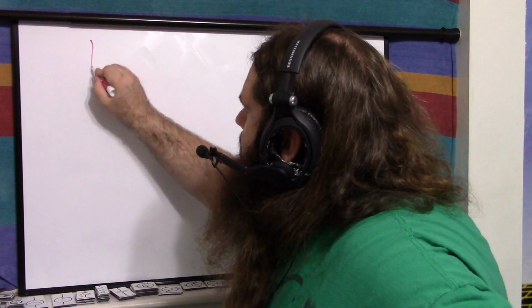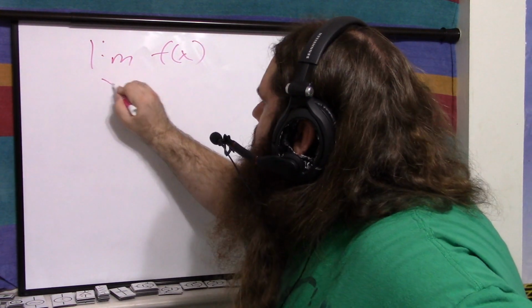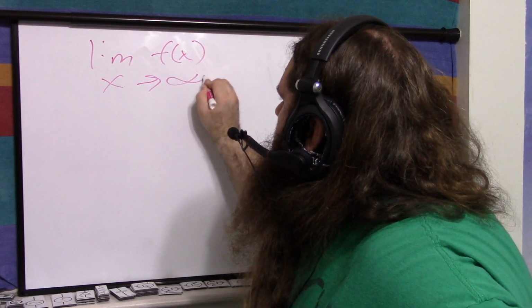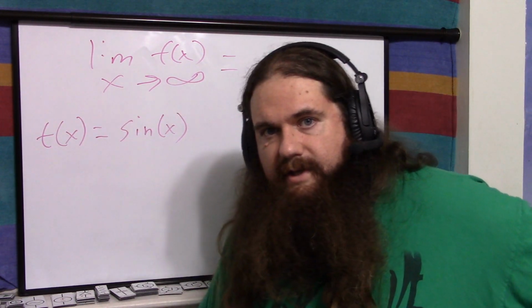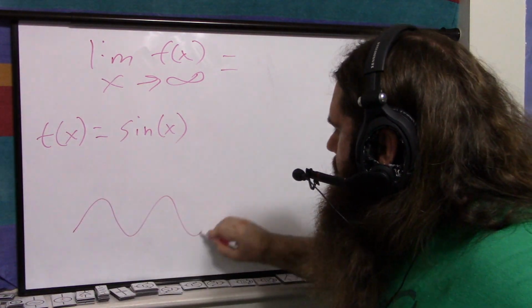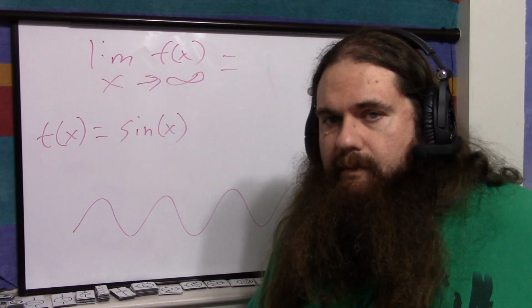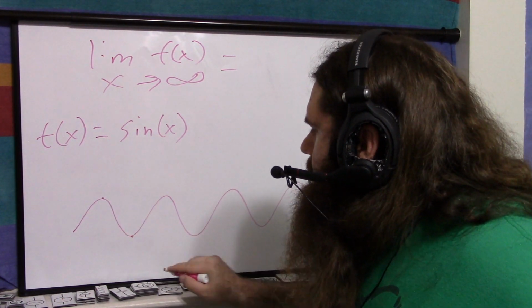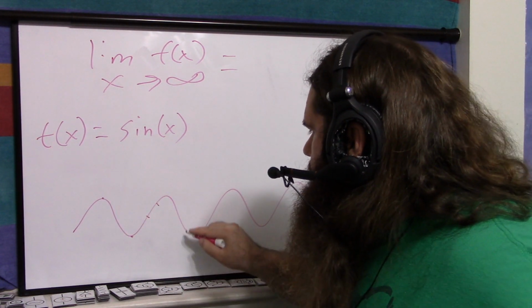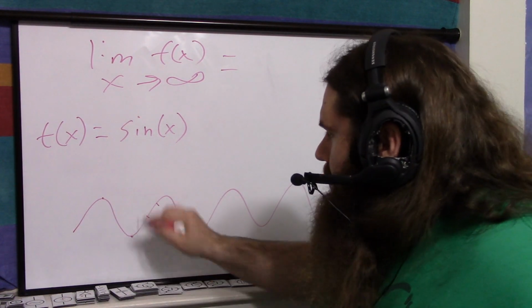So let's do the limit of f of x as x goes to infinity, where f of x equals sine of x. This is just the sine wave. The sine wave will go forever. It will never stop. It'll hit 1, -1, 0, 0.2, -0.3. It'll keep going and going.